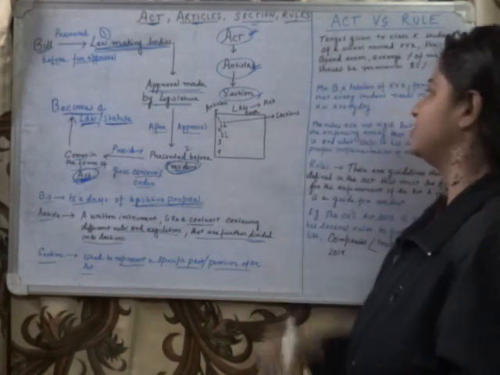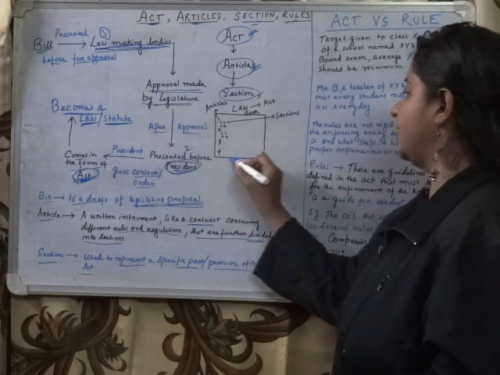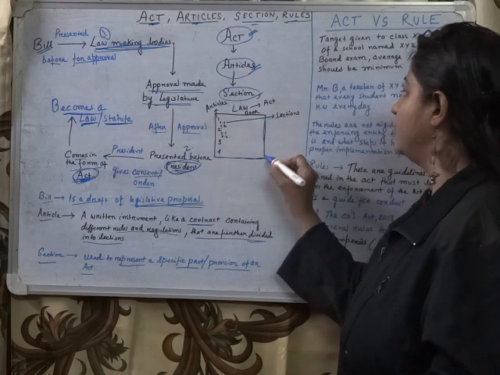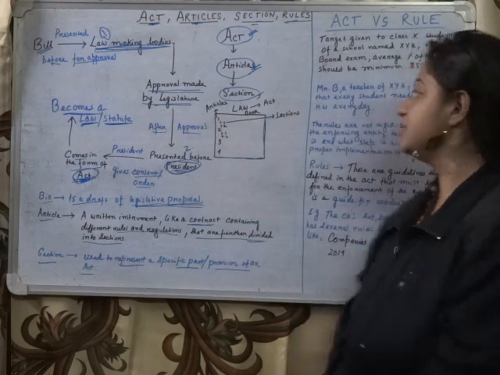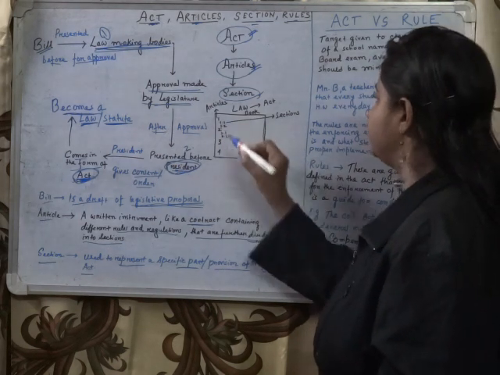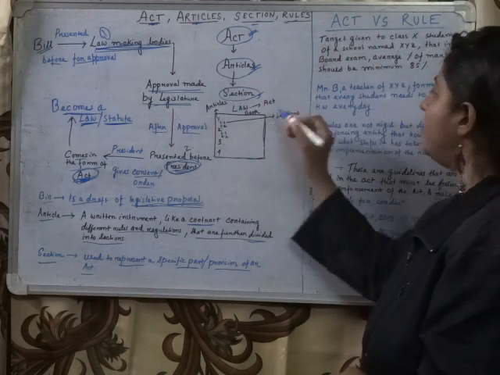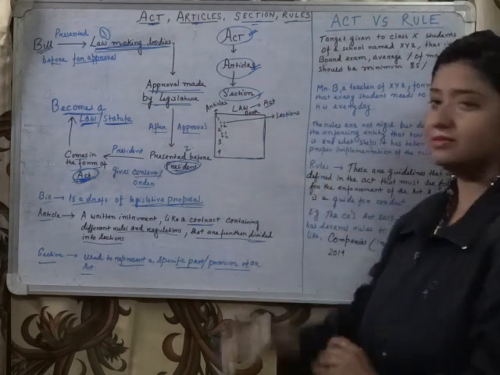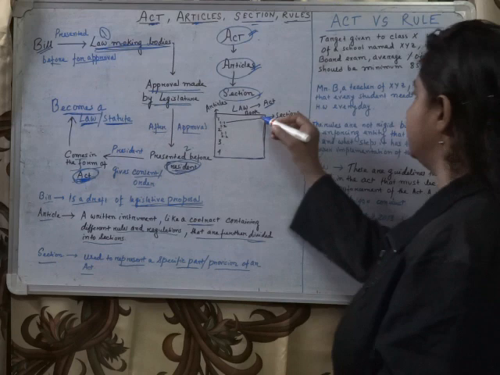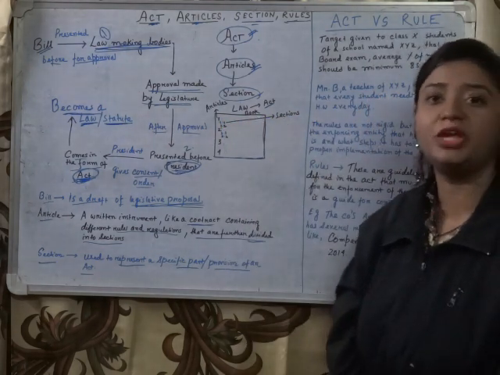So can we say that, suppose it is a book, okay, it is your law book, right? Here there are many chapters. So we can say the law book is an act that is subheaded by chapters. Chapter number 1, 2, 3, 4.